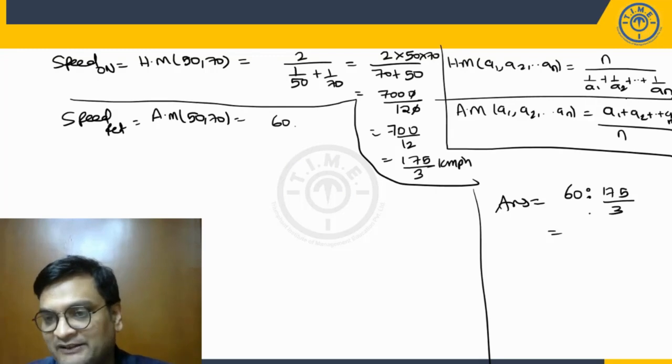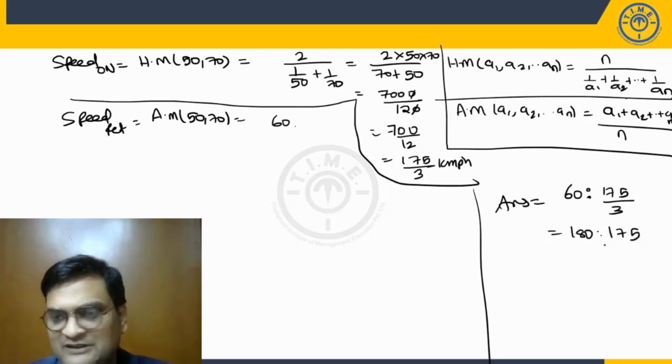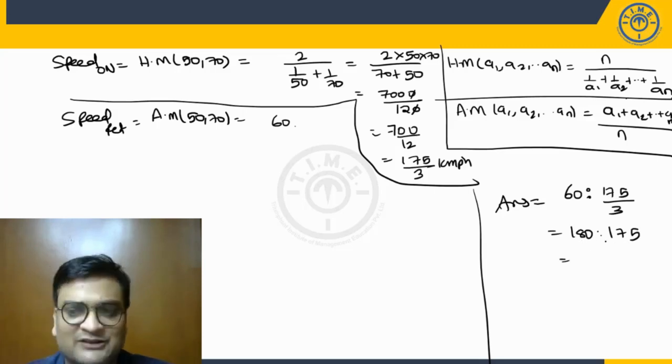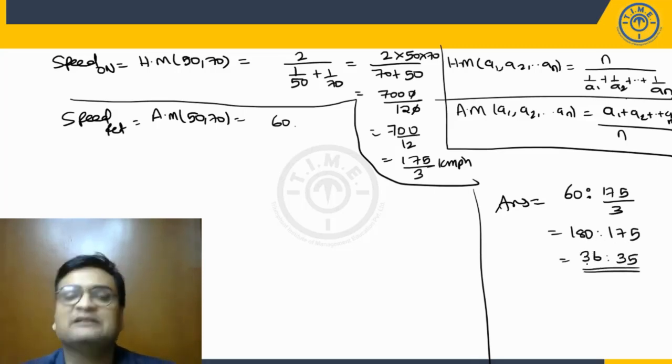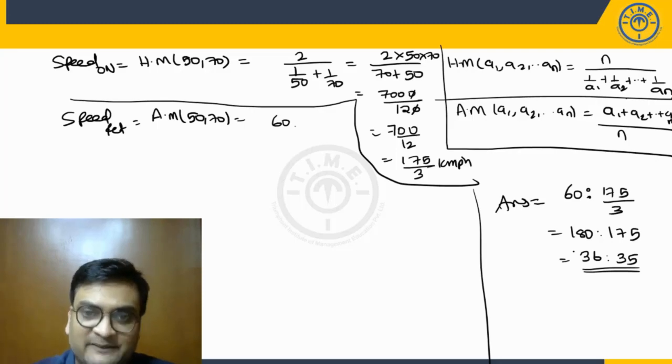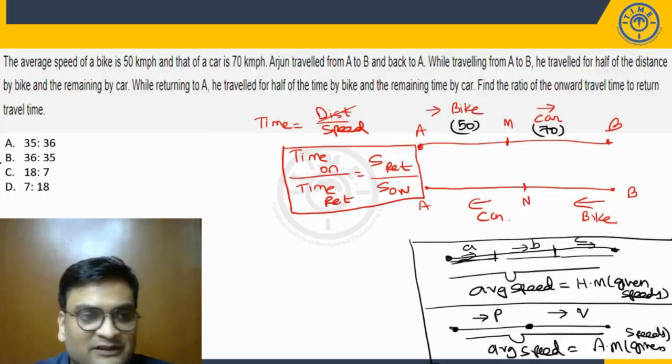So when you simplify this, 3 into 60 is 180, is to 175, which can be simplified further. 5 can be cancelled out: 36 times 5 is 180, and 35 times 5 is 175. So my answer will look like 36 is to 35, which would mean option choice B here.